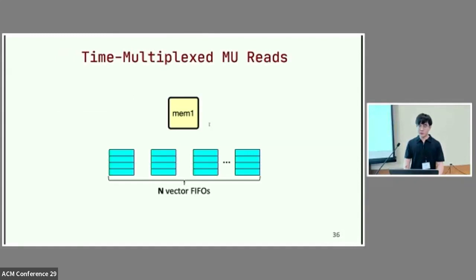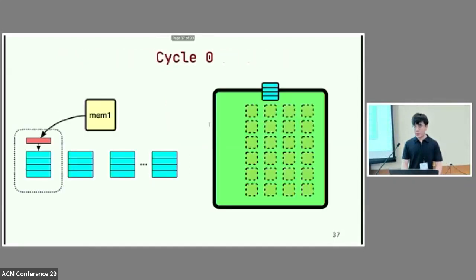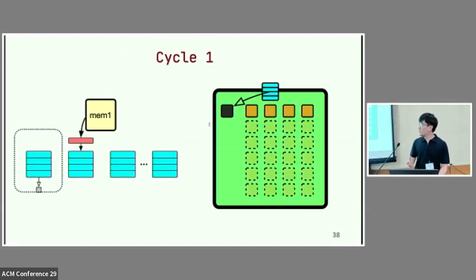Here, for the same example, we're looking at trying to feed n vector FIFOs by using 1 memory unit. We can implement the following with the relaxed FIFO model. For example, at cycle 0, we could use mem1 to enqueue a vector into the first vector FIFO. At cycle 1, we can further use mem1 to update the second vector FIFO, while at the same time, the first vector FIFO starts to dequeue a scalar.